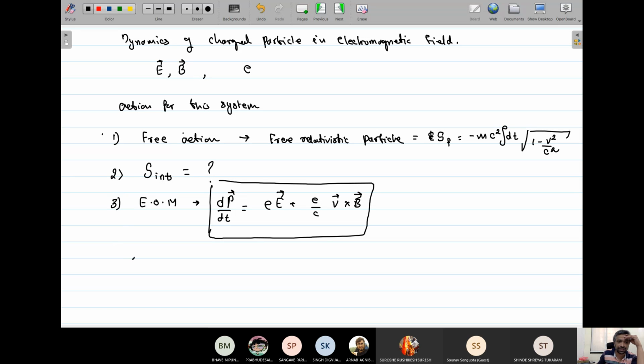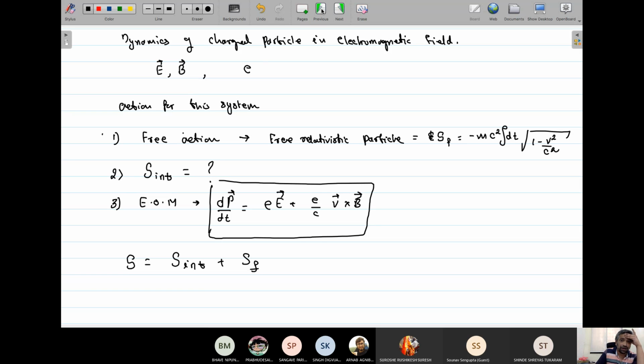My total action must be additive: S_interaction plus S_free. There should not be any charge-dependent term multiplying this, and S_interaction should be Lorentz invariant.